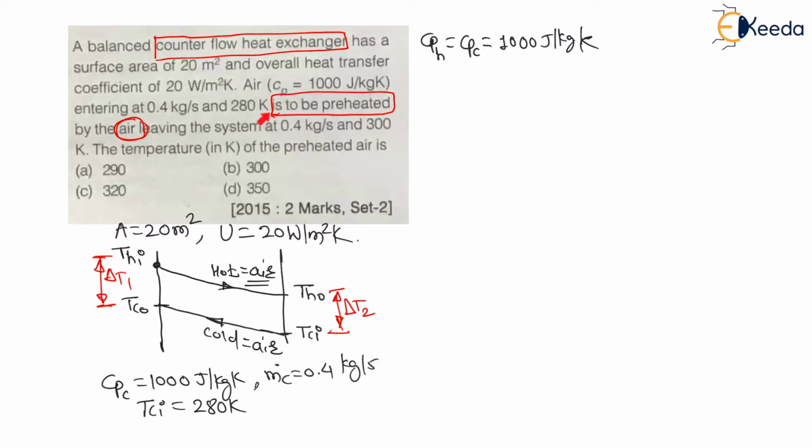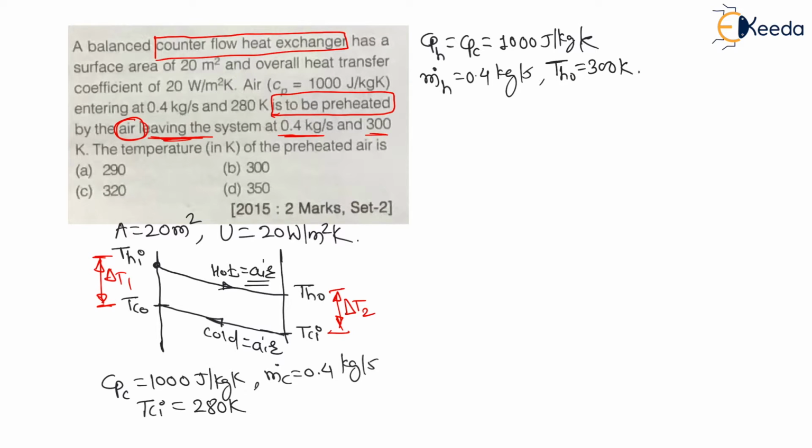Then, it is to be preheated by air leaving the system at 0.4 kg per second and 300 Kelvin. This hot fluid, which is air, is leaving the system at this mass flow rate and temperature. Therefore the mass flow rate of the hot fluid is 0.4 kg per second, and the exit temperature of the hot fluid, THO, is 300 Kelvin.